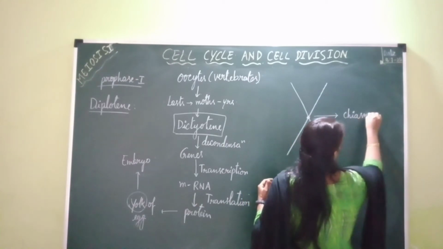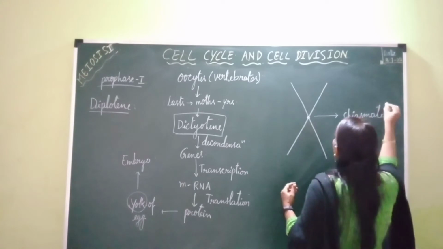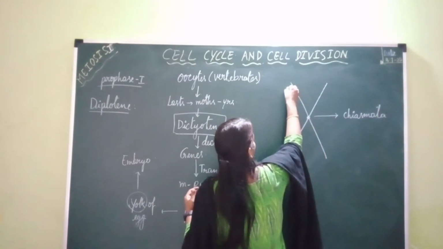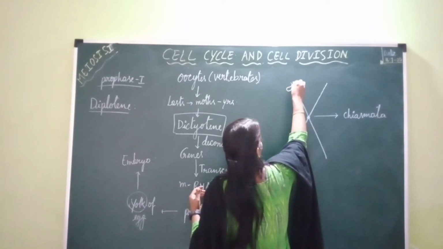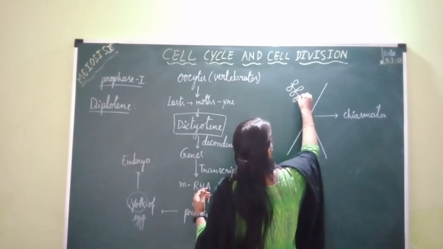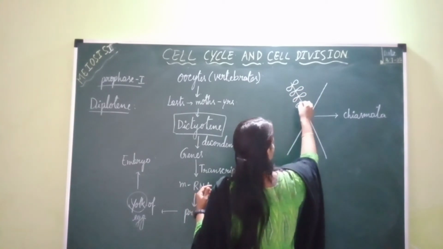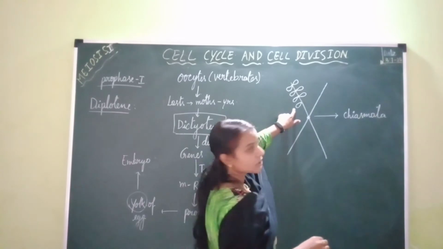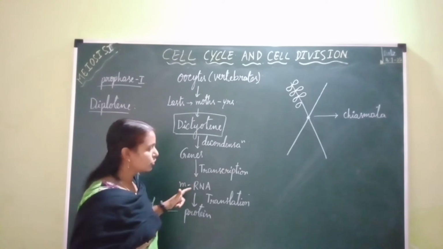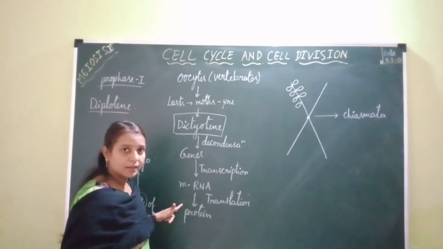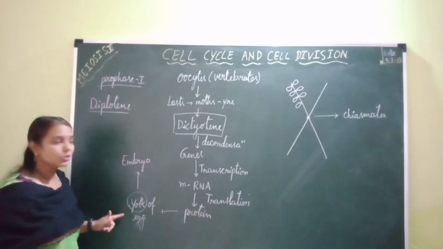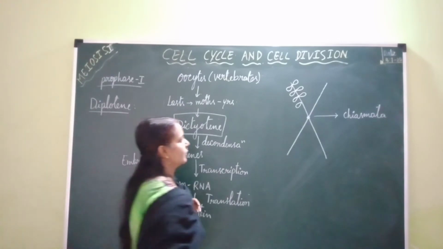Now, at certain points, these chromosomes show decondensation forming loop-like structures. In these loops only, genes are present. These genes get expressed, that means they undergo transcription to form mRNA. That mRNA undergoes translation to form protein. That protein is nothing but the yolk of the egg, which is used in the development of the embryo in future.